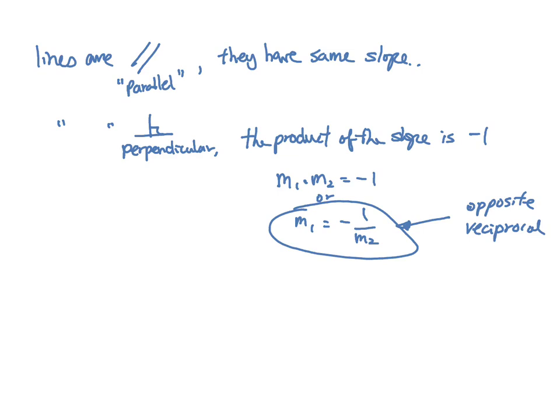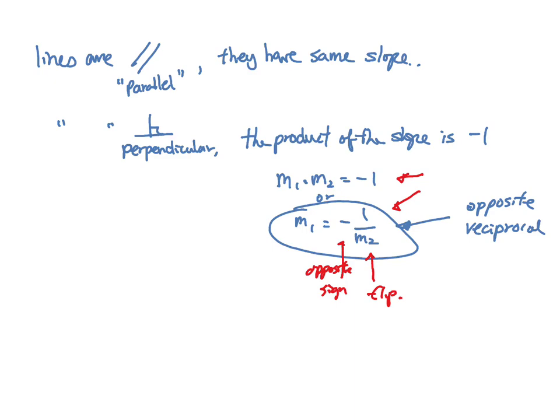Most of the time when you hear about perpendicular lines, the teacher says the slopes are opposite reciprocals: opposite sign and reciprocal. You can remember either this way or this way. I don't care which way you use it. The idea is the same. So keep that in mind.